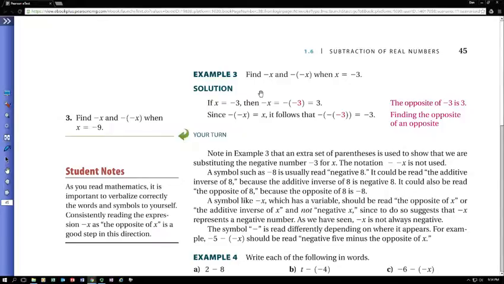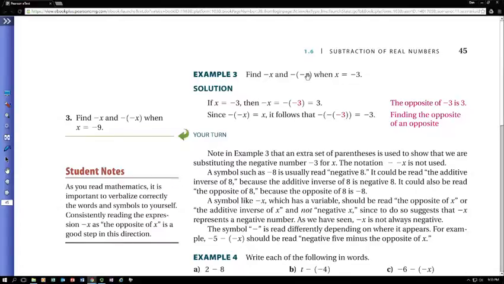So if I put negative 3 in for x, here's where I was talking about this parenthesis. Well, I want the opposite of negative 3, which is positive 3. Or probably the best way is to write it out this way: the negative of a negative 3, or negative 1 times negative 3 would be another way to do that, which is a positive 3.